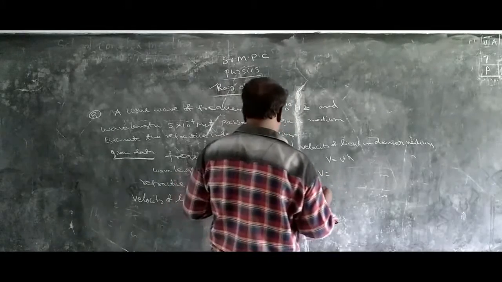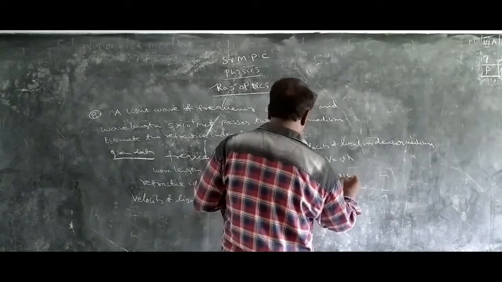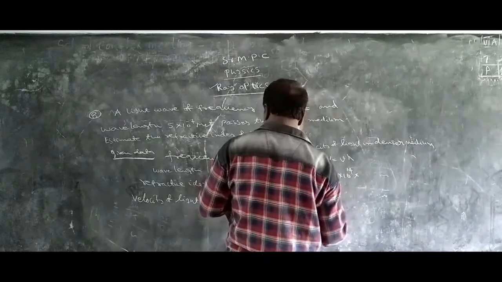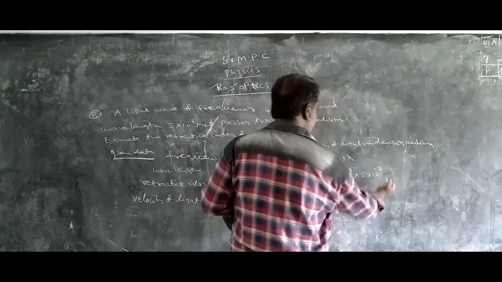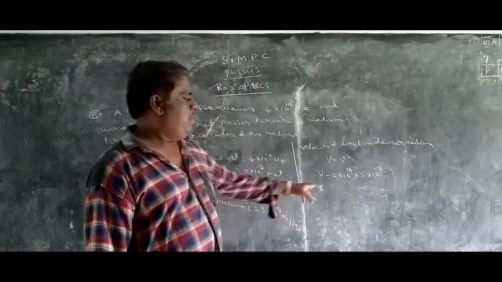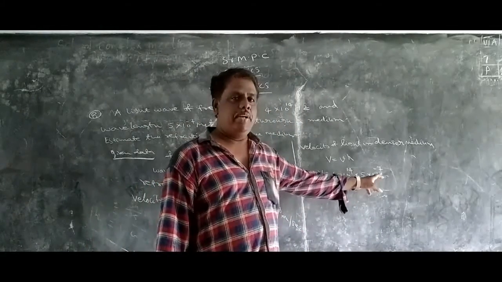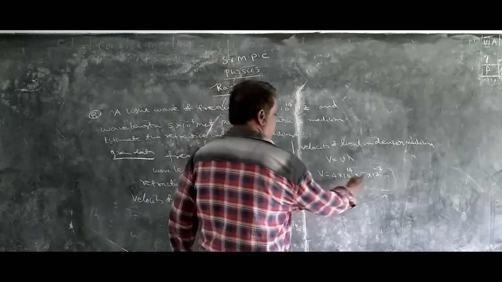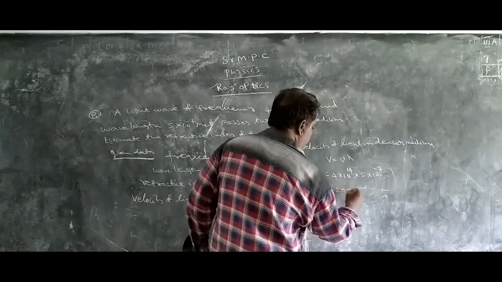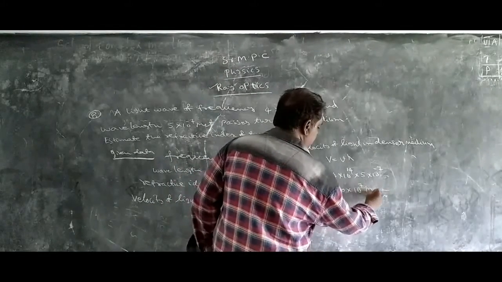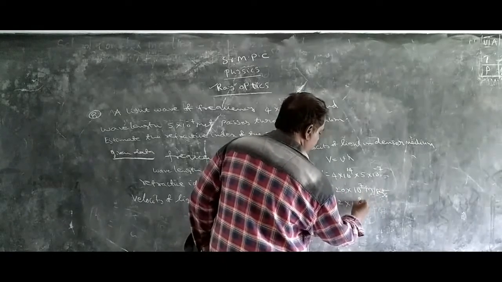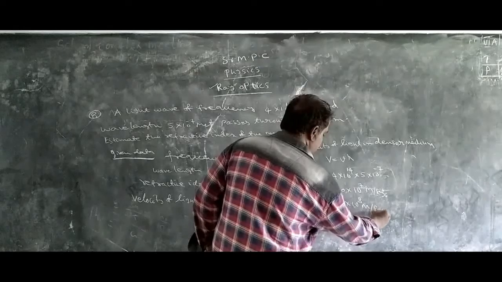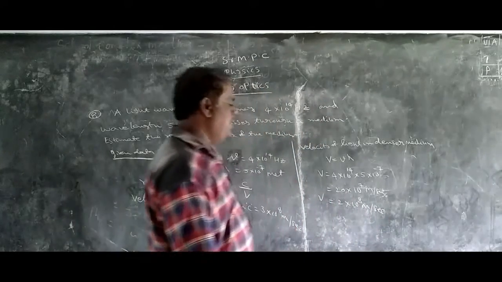V is equal to 4 into 10 power 14 into 5 into 10 power minus 7. 4 5s are 20. 20 into 10 power 7 meter per second, or 2 into 10 power 8 meter per second. So we have calculated the V value.